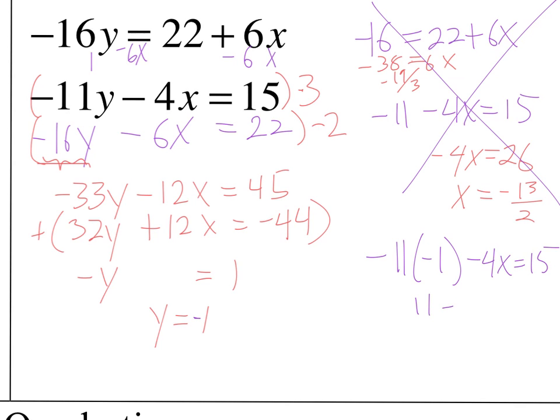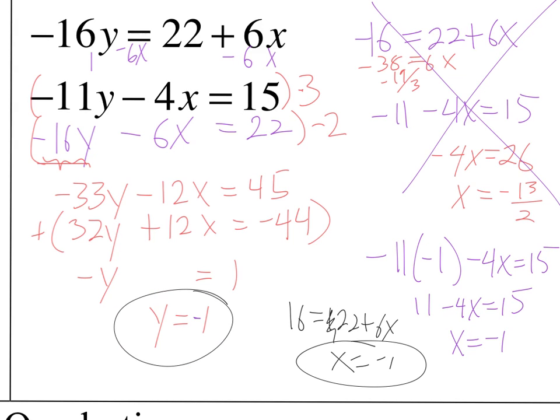That means 11 minus 4x is equal to 15. x is going to be negative 1 also, just to double check, because we've had a history in this problem of not getting the right thing. We get 16 is equal to 22 plus 6x, minus 22, divided by 6, x equals negative 1. Whew. That was an easy fix.